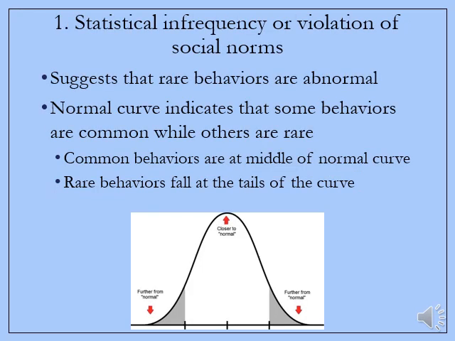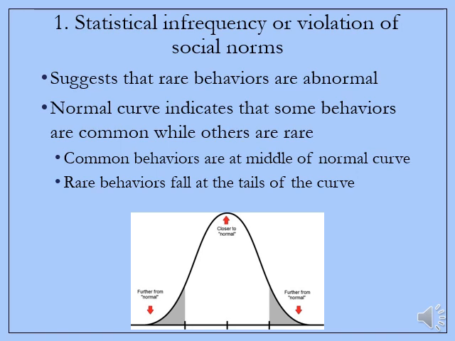Statistical infrequency or violation of norms suggests that because a behavior is rare, it is necessarily abnormal. The ideal model for this would be a normal curve. Most of you are probably familiar with a normal curve, but in case you're not, it's just a distribution of scores in the average population, in the normal population.